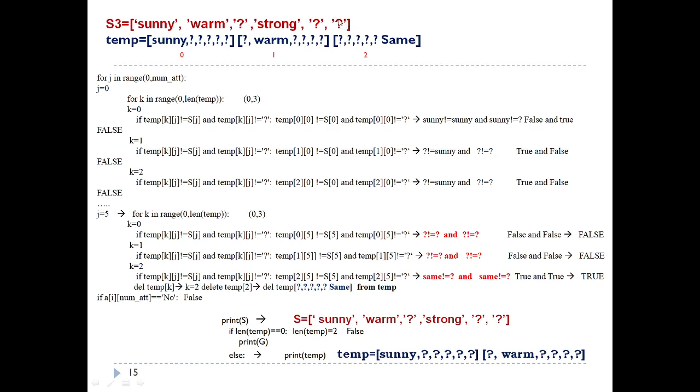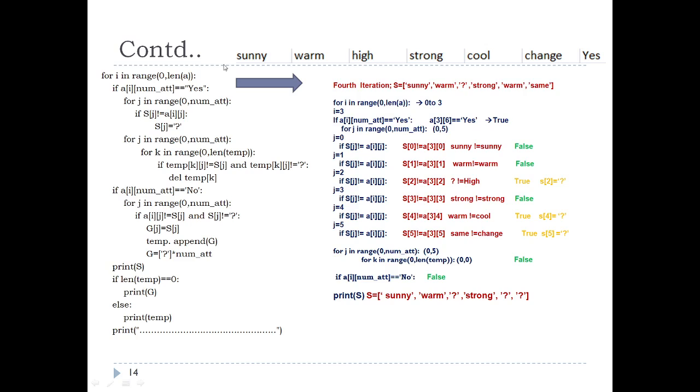Now according to this we need to change the general hypothesis. For that, this particular part of the code will be executed. Here we need to compare the temp value with the specific hypothesis. If temp of k j is not equal to S of j, and temp of k j is not equal to question mark, then we need to delete that hypothesis.